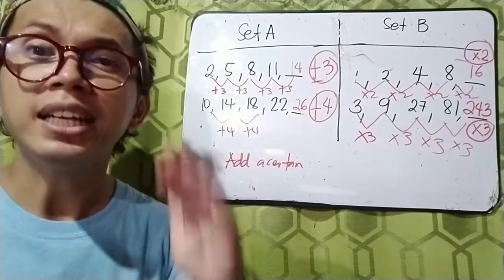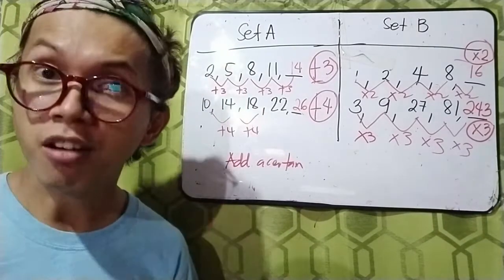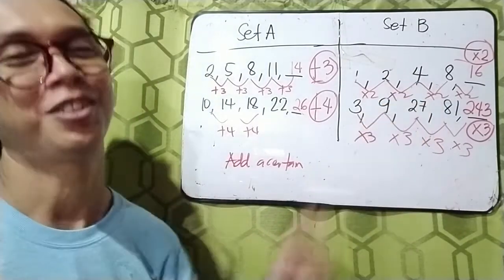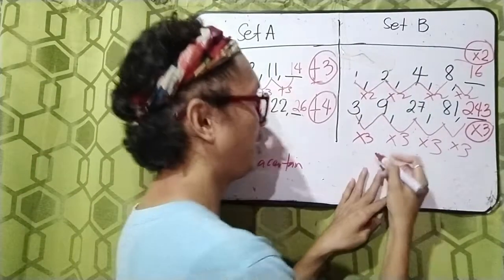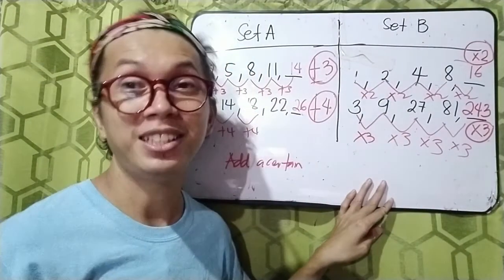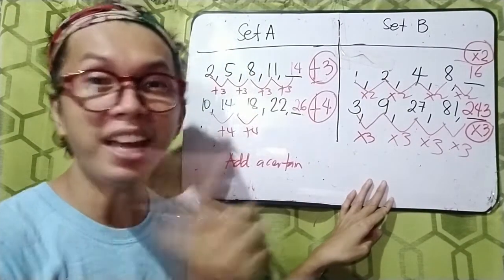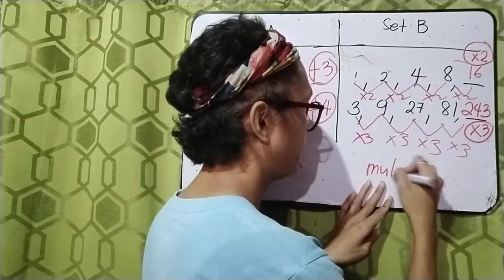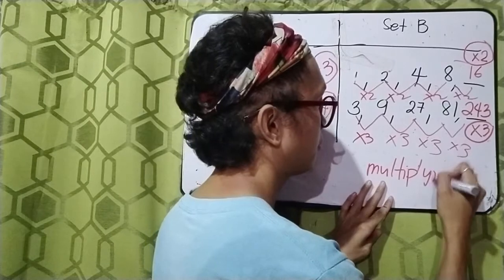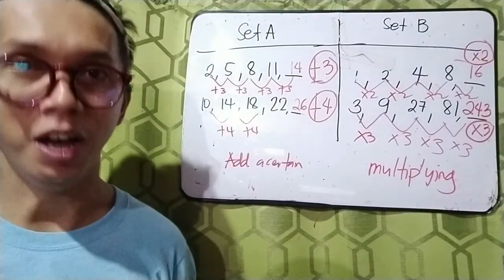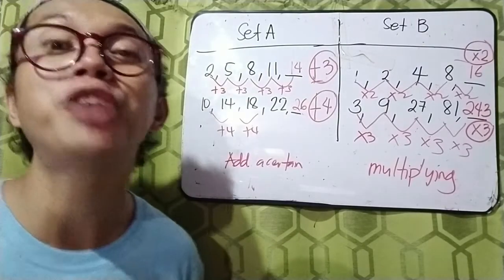So what is the common of the two sequences? Correct! The common between the two sequences is that we get the next term by multiplying a certain number. Very good.